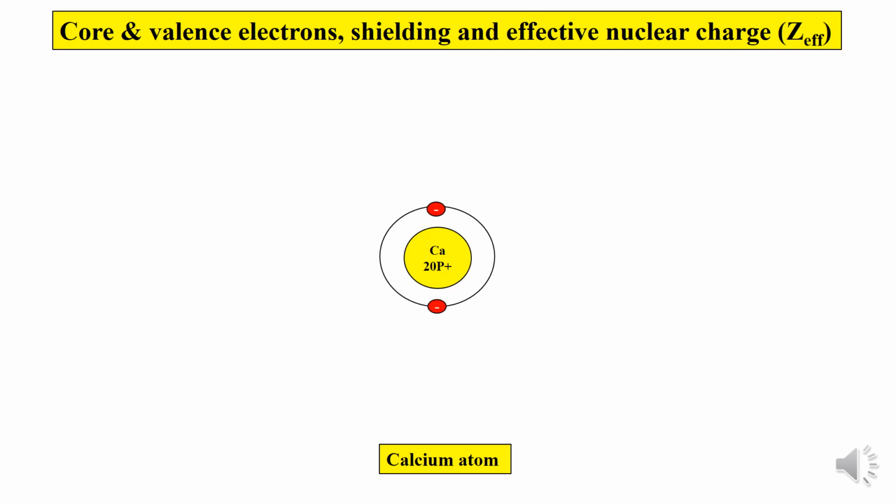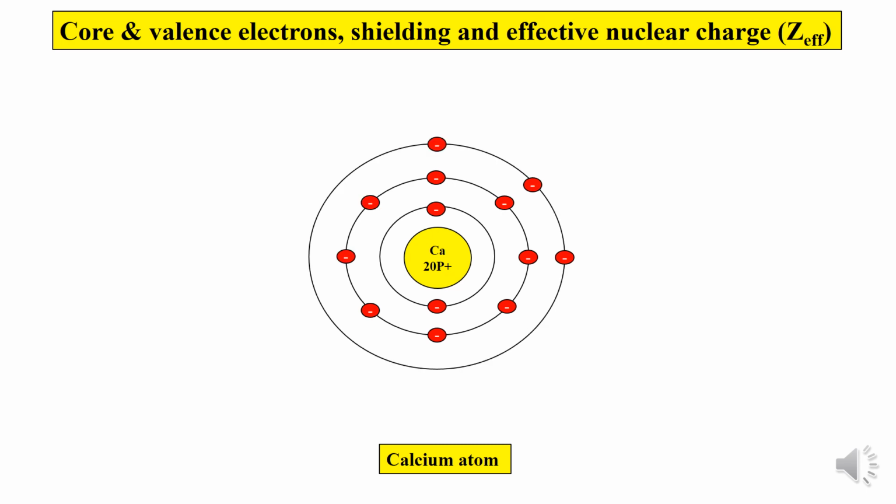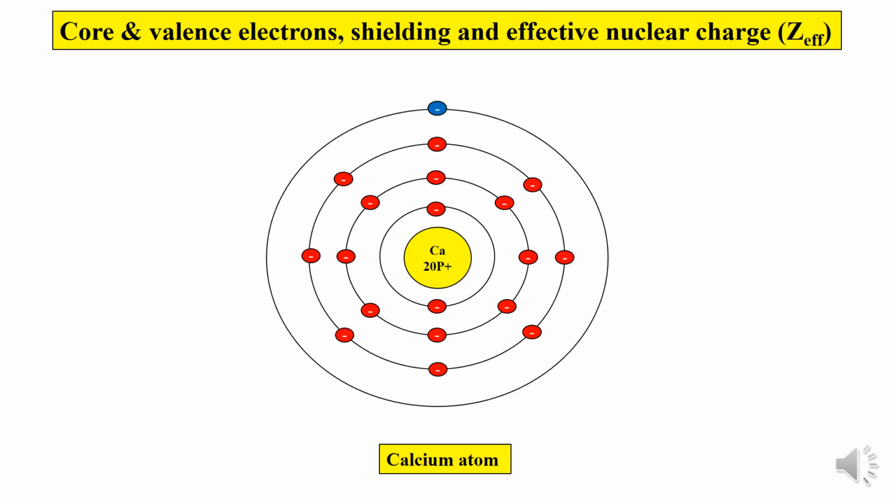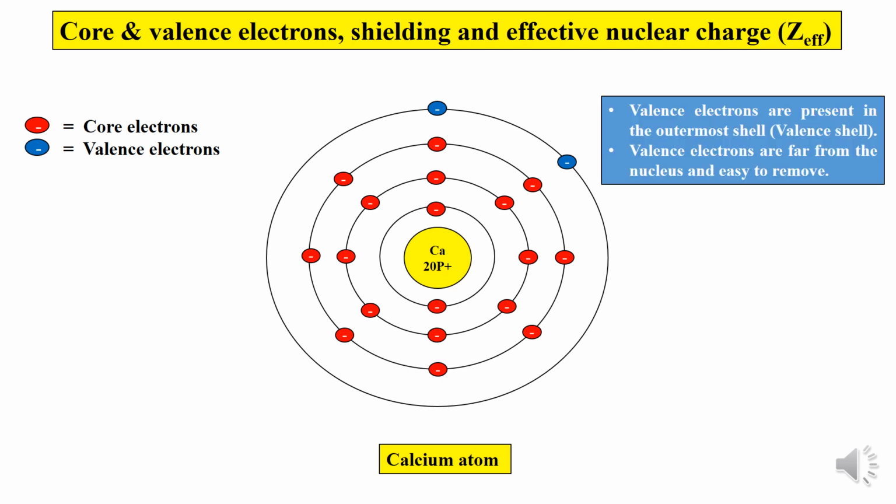You find 2 electrons in the first shell, 8 electrons in the second shell, and again 8 electrons in the third shell, and only 2 electrons in the outermost shell. I have color coded the core and valence electrons. Core electrons are highlighted in red, while the valence electrons are highlighted in blue.